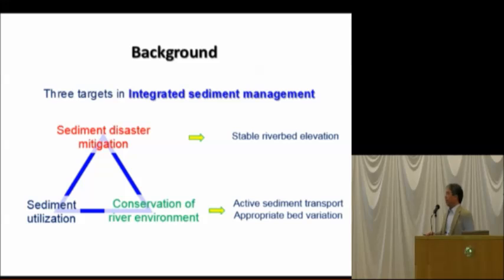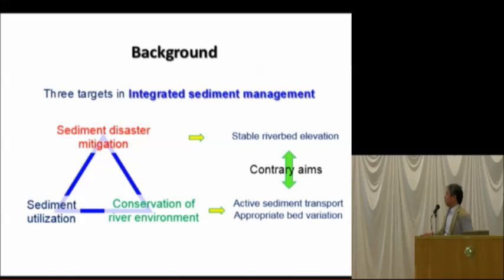Yesterday, Professor Shea introduced the concept of the allowable bed variation range. Maybe this is a similar idea. But here, there is a contrary problem, because this is a stable riverbed and this is active sediment transport. There are some contrary problems here.